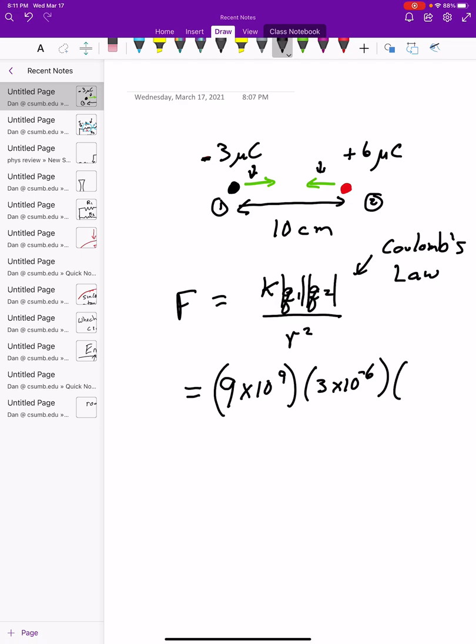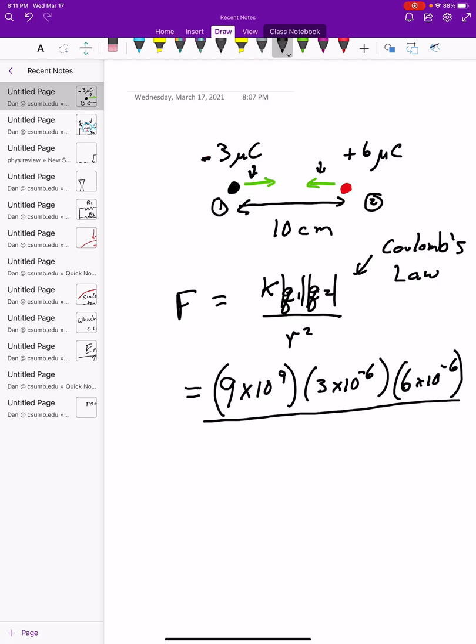And the absolute value of 6 microcoulombs is 6 times 10 to the minus 6 coulombs. I'm not putting in the units here, just to keep it less cluttered, but this would have units. I'll write them to the side after I'm done, just so you know what they are.